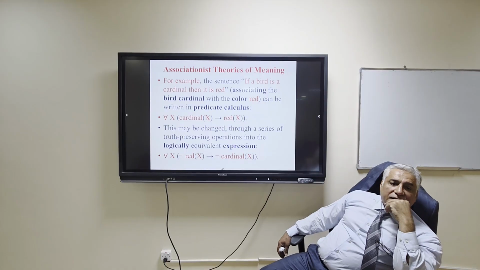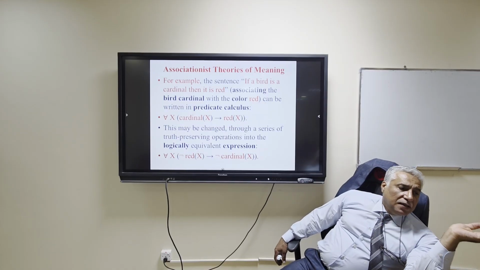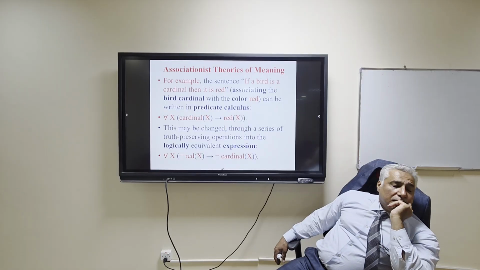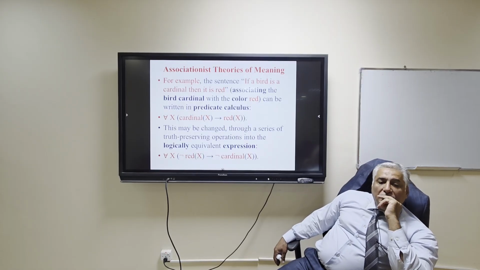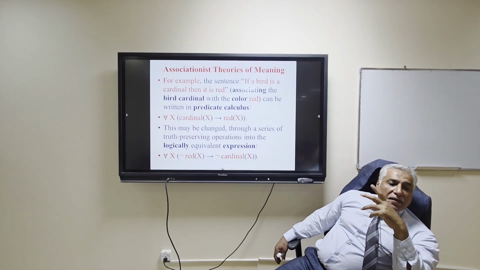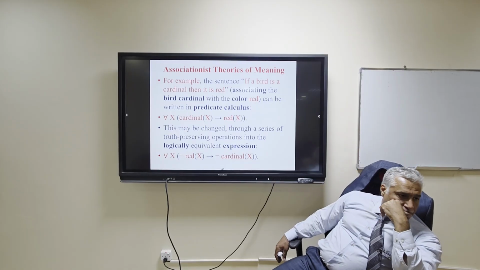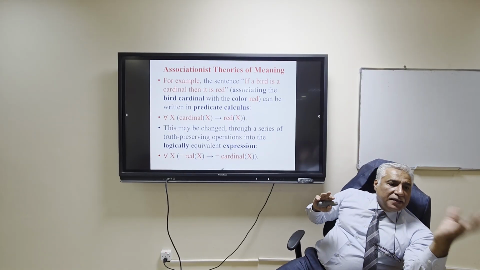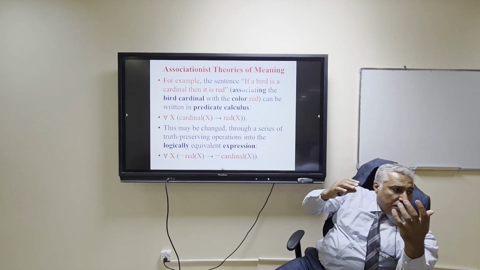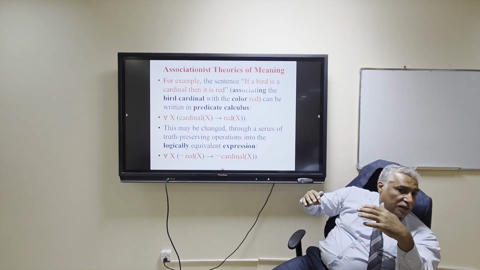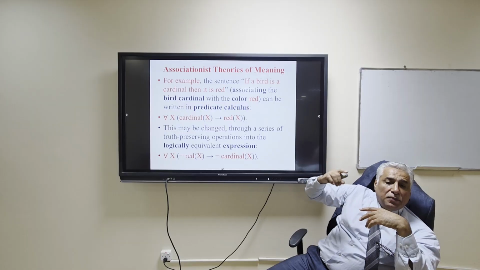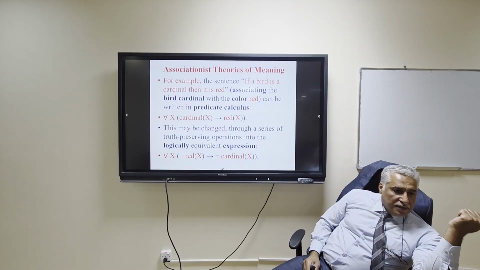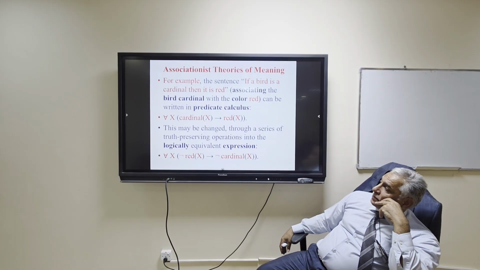Or when someone is talking about birds and mentions the cardinal, we will remember the red color. That means there is some relation between the red and the cardinal. When we remember one of them, because of the relation between them, we will remember the other. This is association.